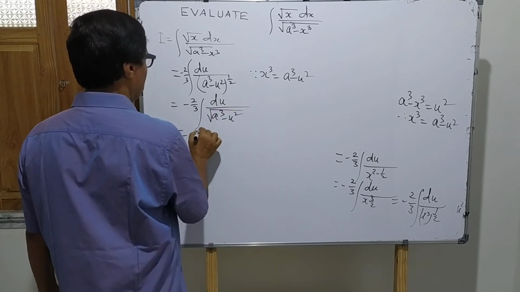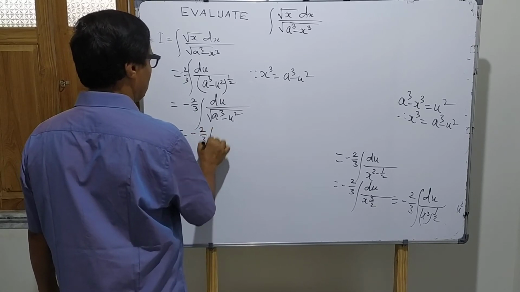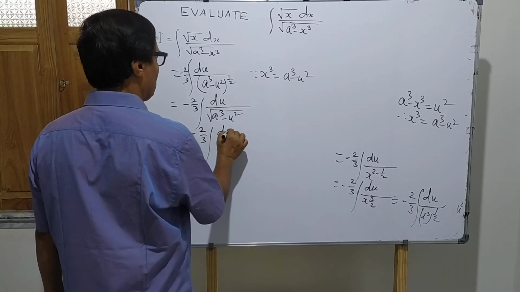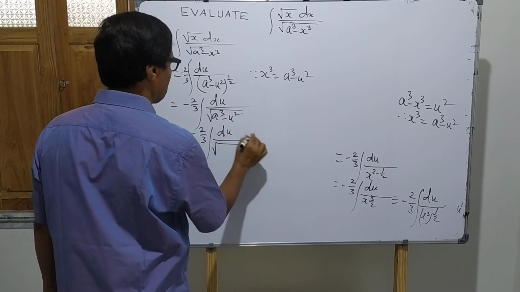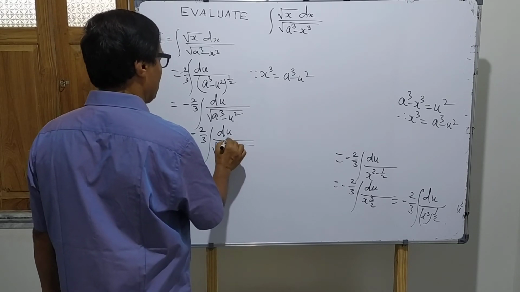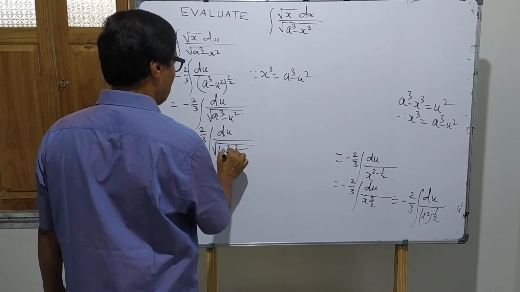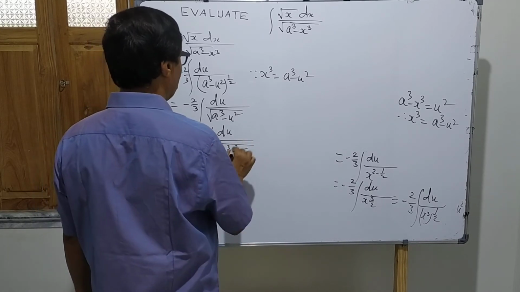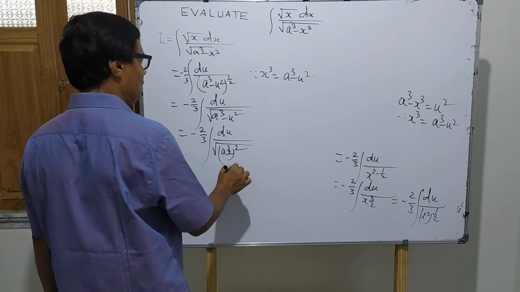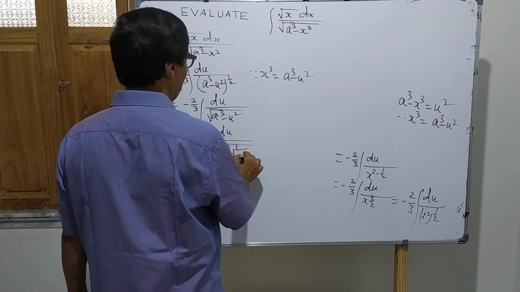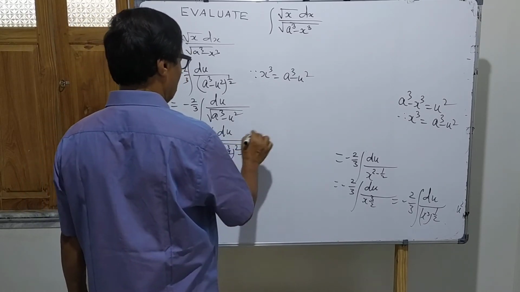Also we can write this as minus 2 over 3 du integration of a to the power 3 over 2 whole square minus u square.